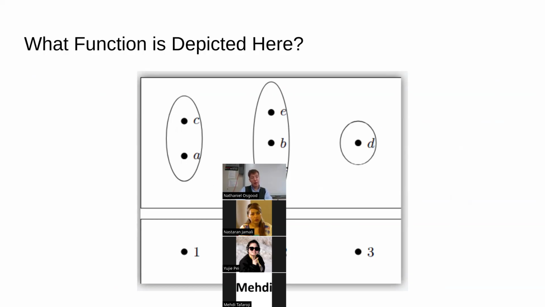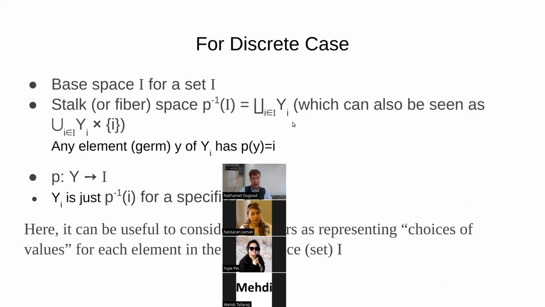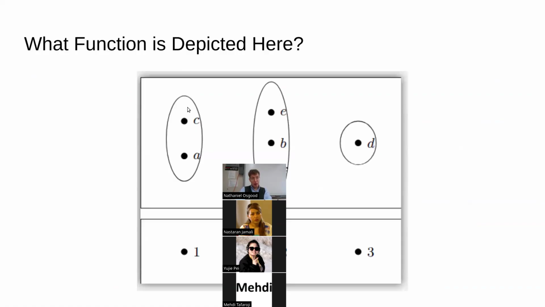To be clear, I think P inverse of U is the coproduct of this and this. Remember, it's this tagged union thing. The fiber is like a tagged union, like the coproduct, this and this next to each other, so it knows this is different from this.